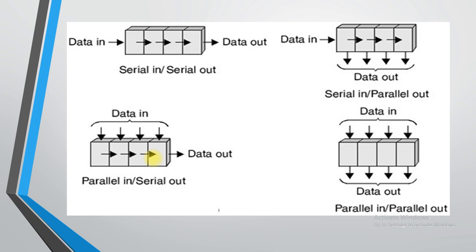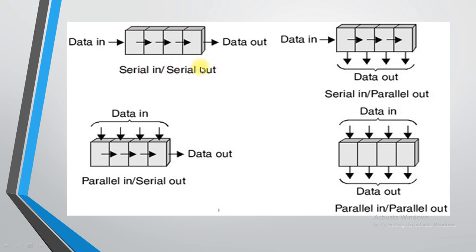Here is the block diagram of the register. The first register is called serial in, serial out. So if 4 flip-flops are there, 4 bits of information you can store inside these flip-flops. Now what is our first case?